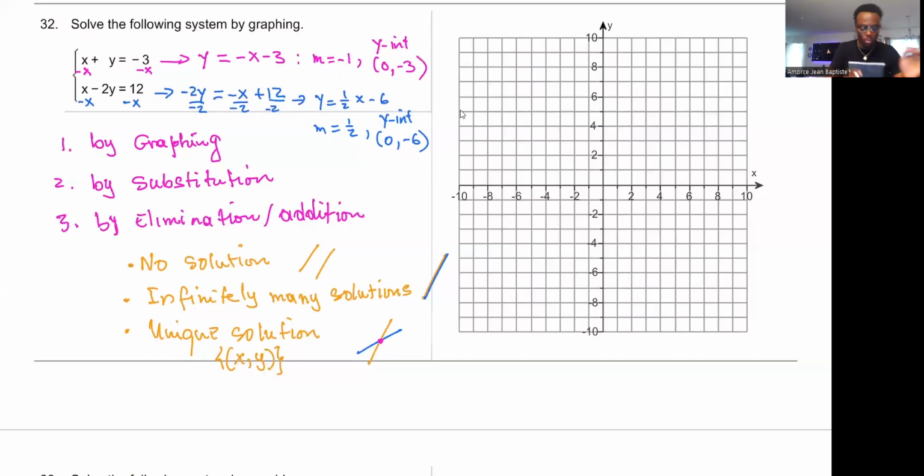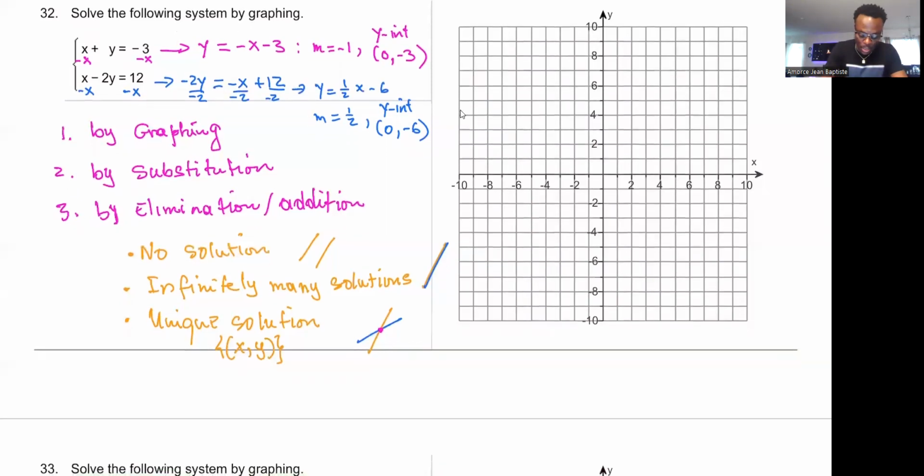So first, we want to plot the y-intercept. The y-intercept is (0, -3) for the first line in pink. Slope -1 means down 1 and over to the right 1.